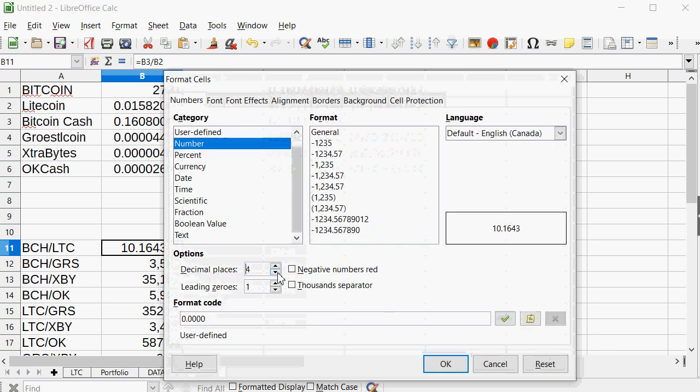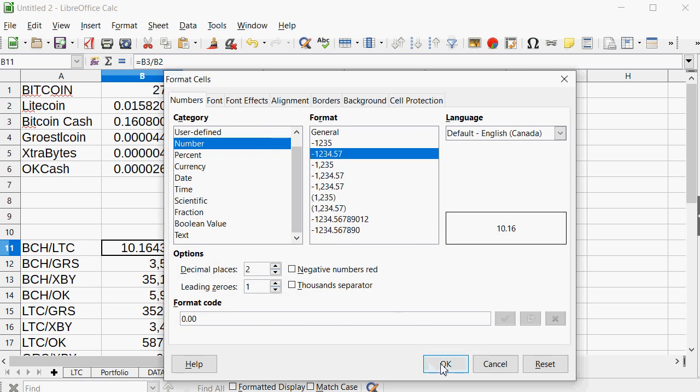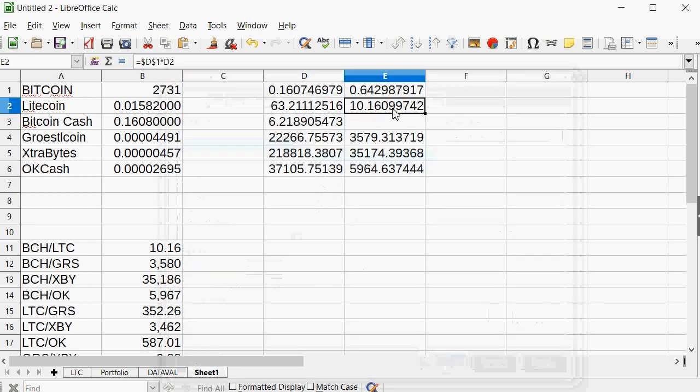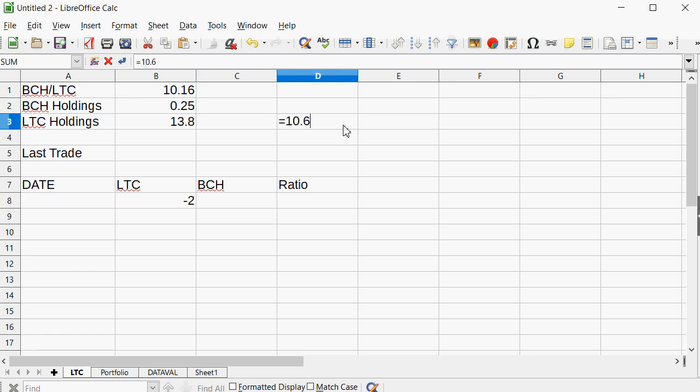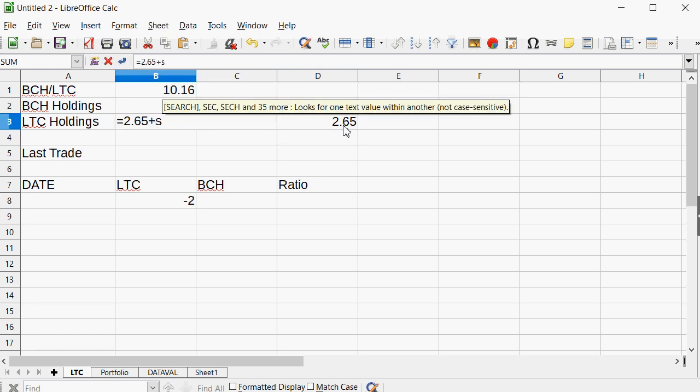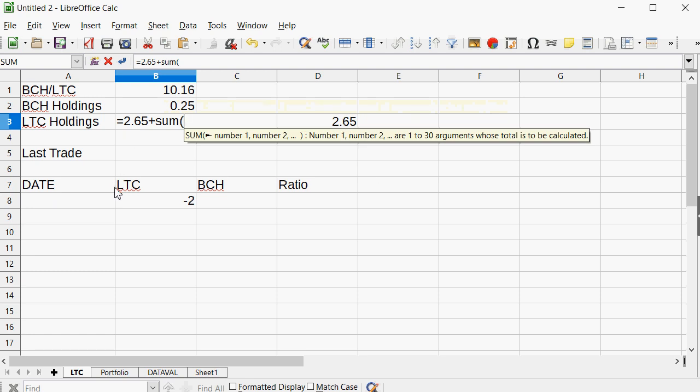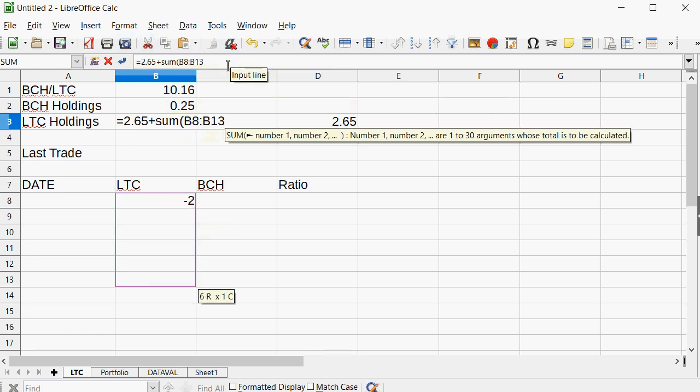Why do I got 1016 on both cases here? But that's fine. So yes, I would own 10.16 Litecoin. Now that makes sense ratio-wise. So equals 10.6 divided by 4, 2.65. So let's do equals 2.65. Now everything's going to work out. So I was like, how am I going to get a quarter of BCH back when that's what I own?